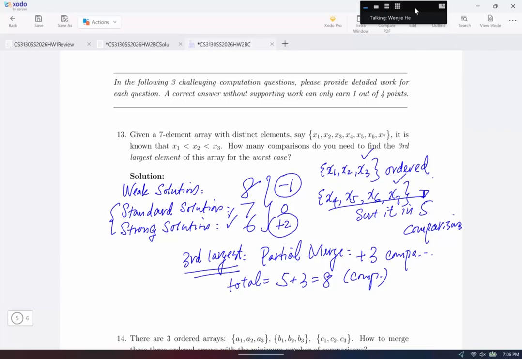Because after each comparison, you have cases, right? How do you process different cases? You need to show me. That's what I use to see if you really have a valid solution.